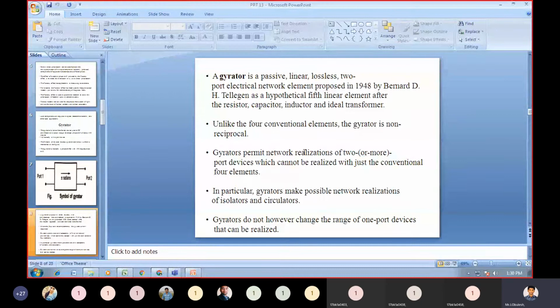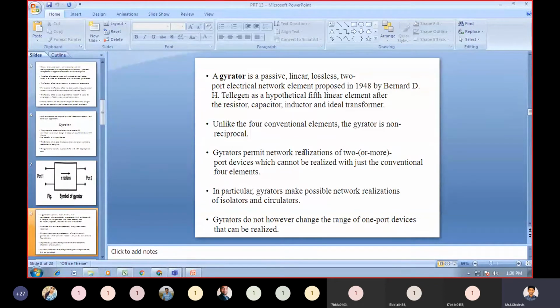In particular, gyrators make possible network realizations of isolators and circulators.